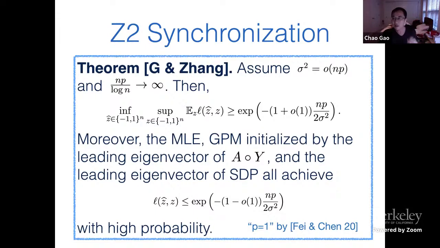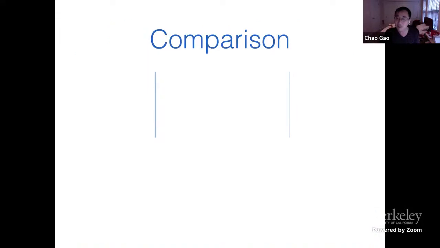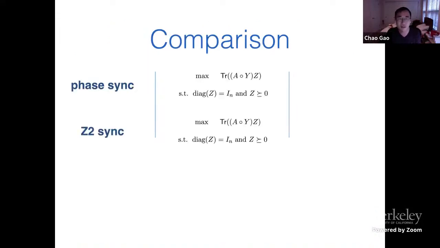Okay? And I think this is a very good point of view because it actually allows us to compare the difference between phase synchronization and Z2 synchronization, because the way we prove the optimality of these results are actually derived from the same method, right? Both are based on Burer-Monteiro factorization.